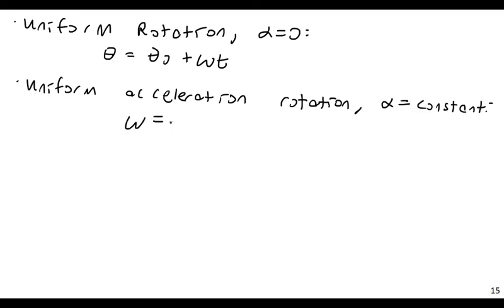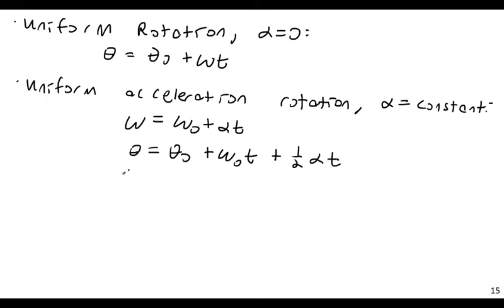So omega would be equal to omega naught plus alpha t, where theta naught is the initial angular position, omega is the angular velocity, and t is the time. Theta equals theta naught plus omega naught times t plus 1/2 alpha t squared.